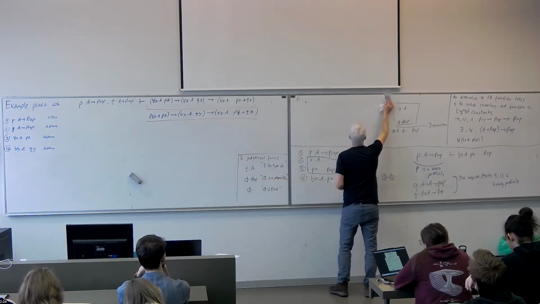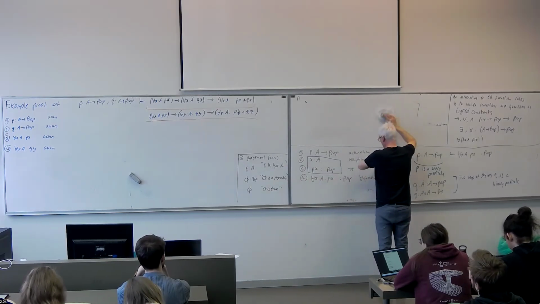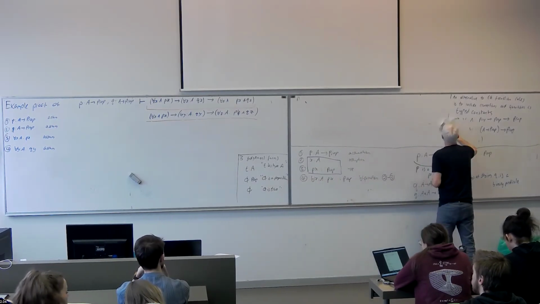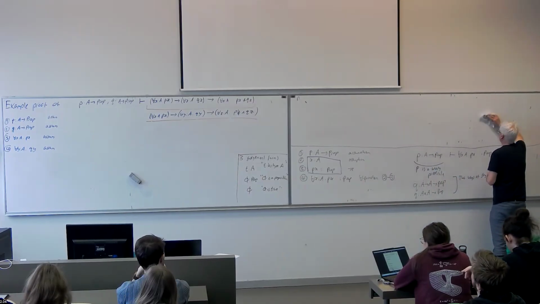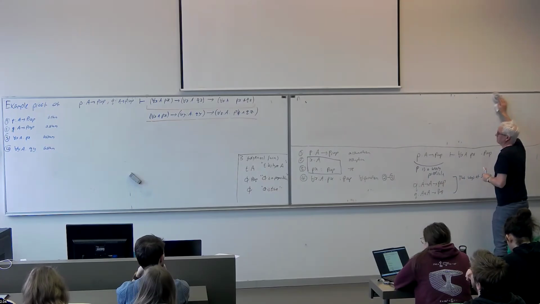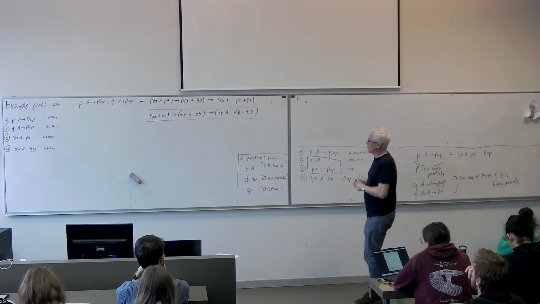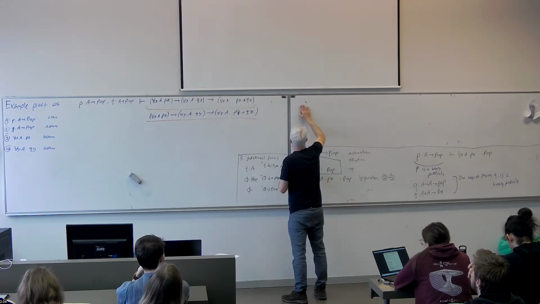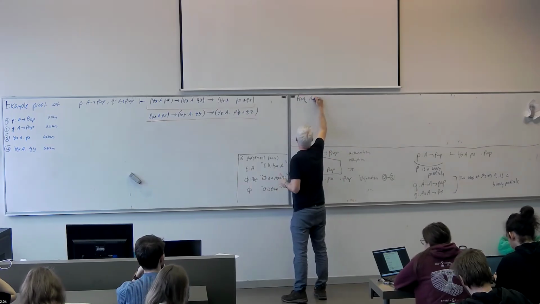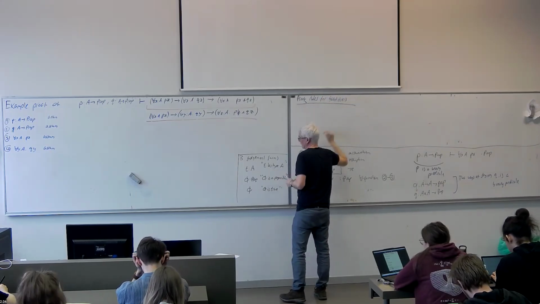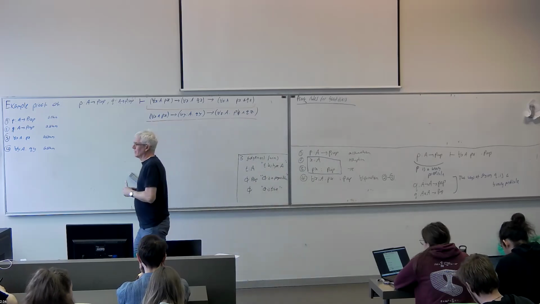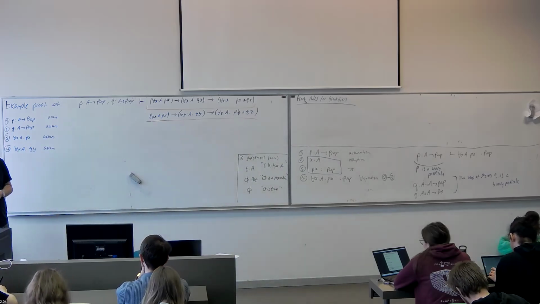And just like with the connectives, we're going to have an introduction and elimination rule. So, proof rules for the quantifiers. What's the canonical way?